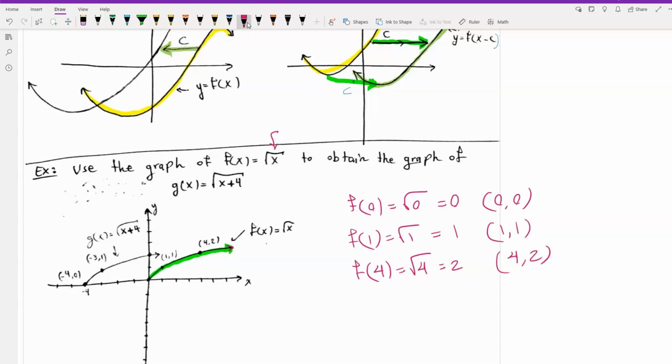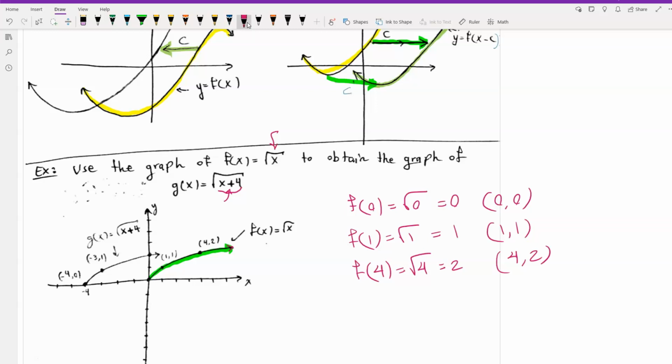And then use that one to graph what we have for √(x + 4). So our input is x + 4. We have this plus sign between. That means we can set x + 4 equal to 0, so x is -4. We have to shift 4 units to the left.